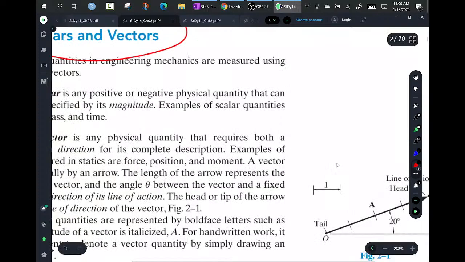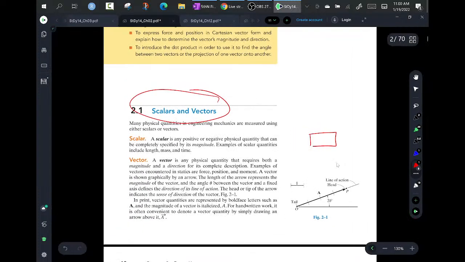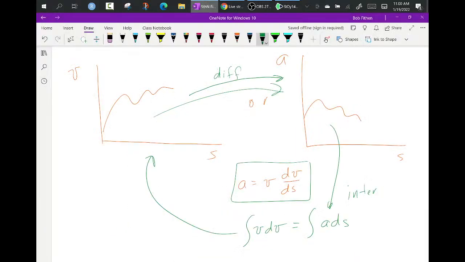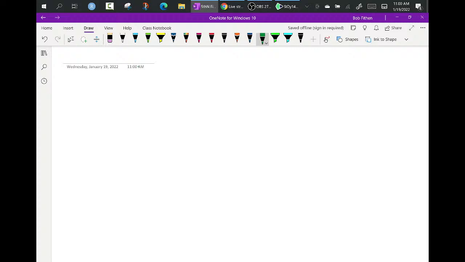For example, if you were sitting here looking at a map of, say, Rothwell Hall, and over here is the place to eat.